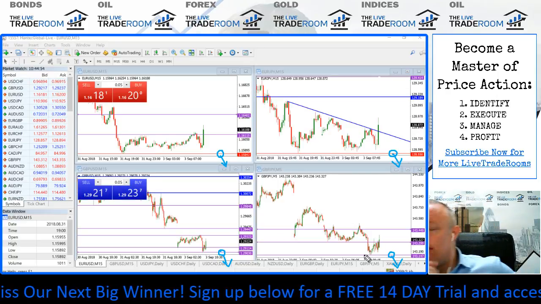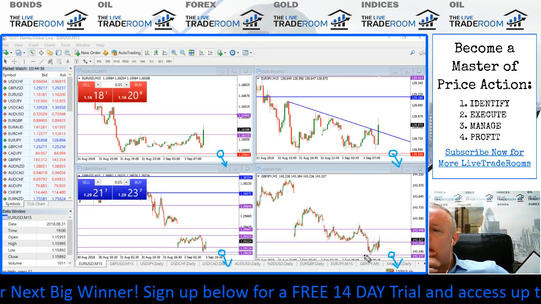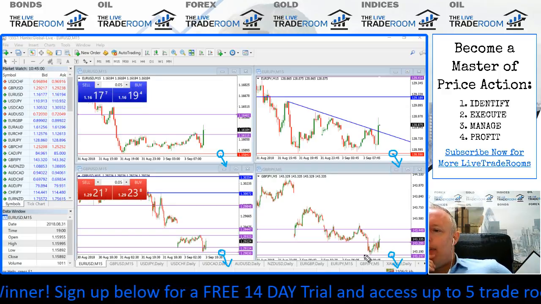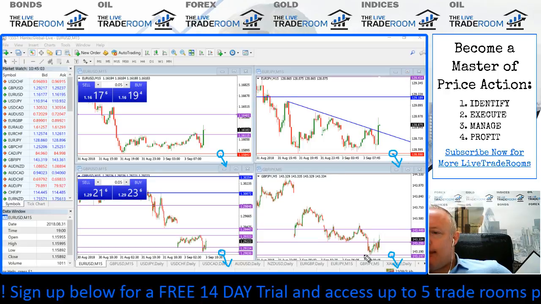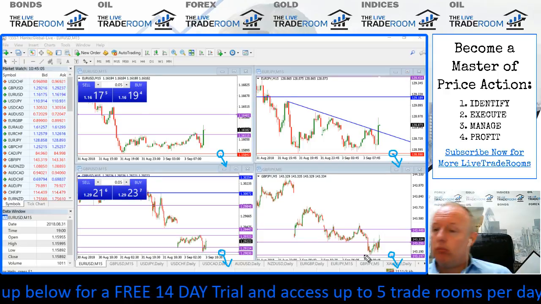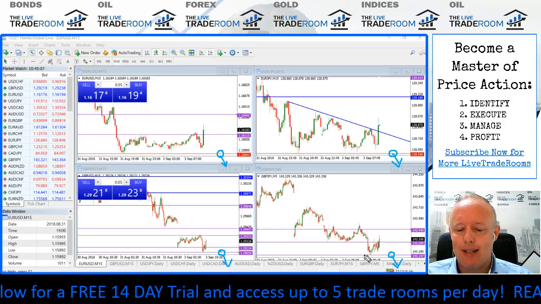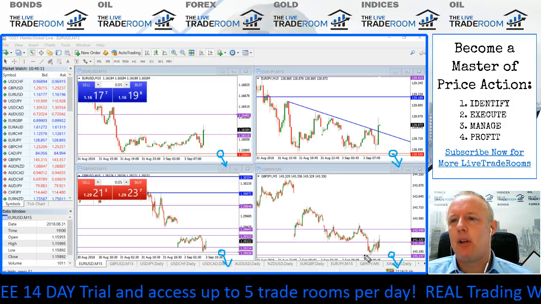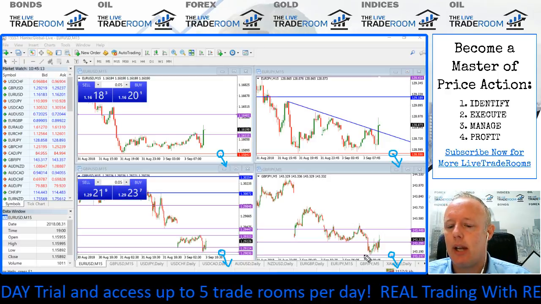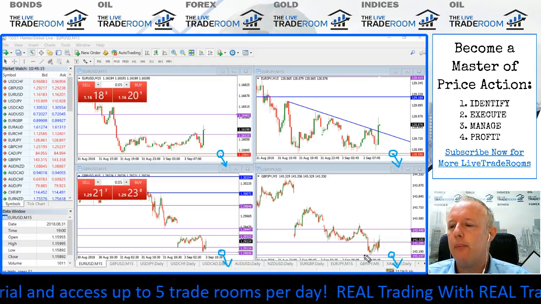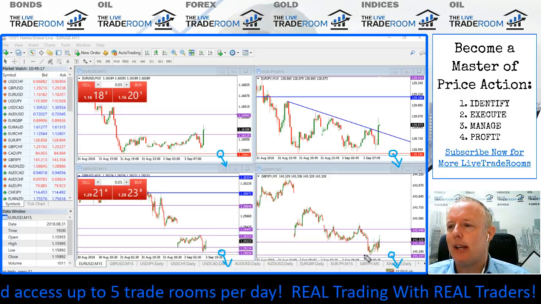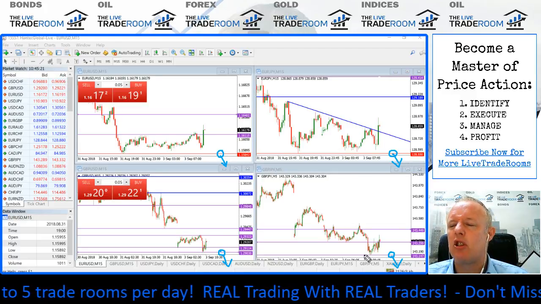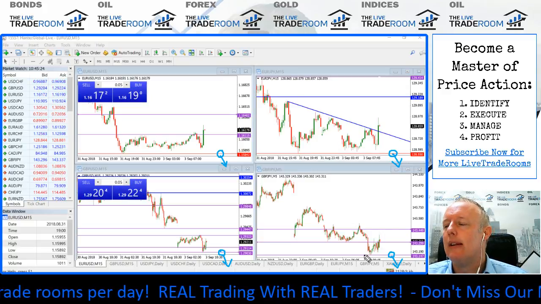Sometimes it can take a little bit of time for these trades to filter out. And I suppose we are going to be trading markets that have reduced volume just because of the bank holiday in the US and Canada. So even if we did get into trades, we wouldn't be expecting big, strong, powerful moves.